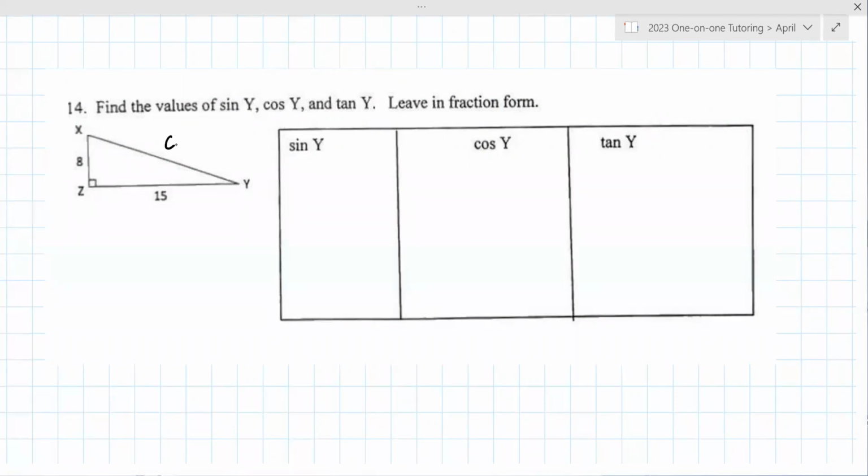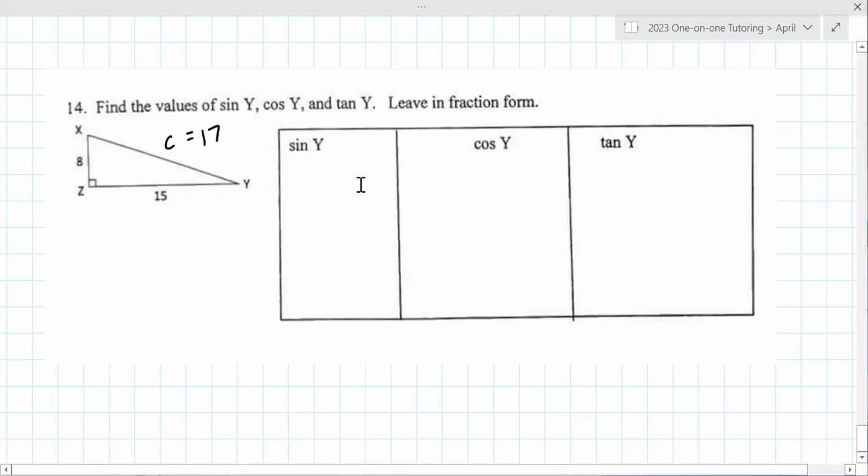Could you find C for us, please? I got 17. Good.